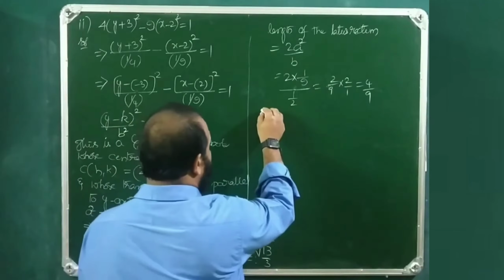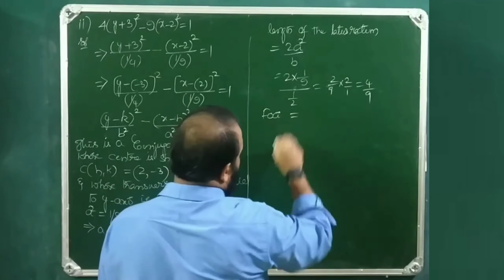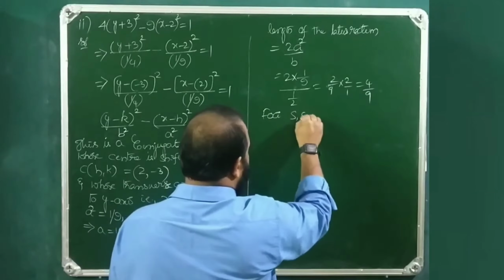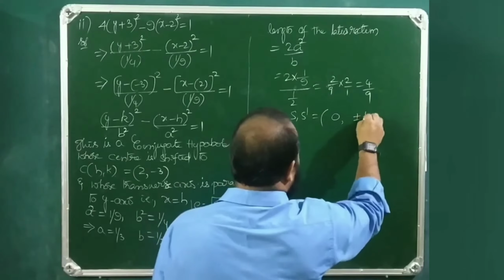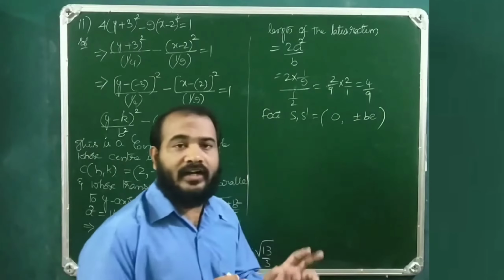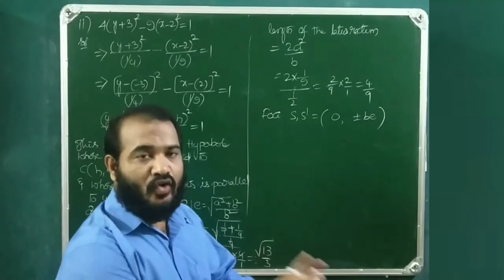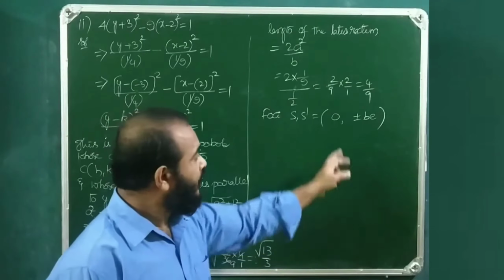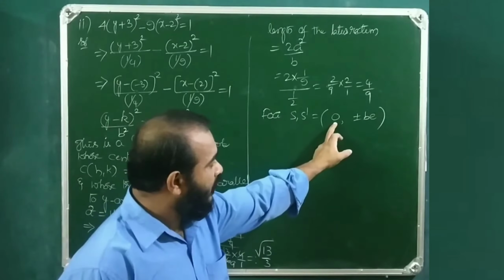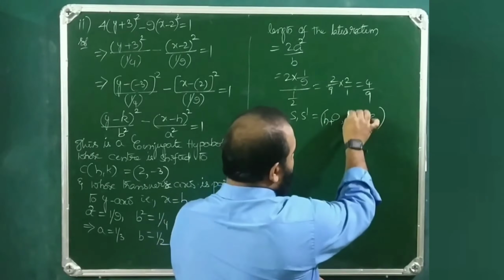So the foci S, S dash are 0 comma plus or minus be for the conjugate hyperbola whose center is at the origin. But here shifting of origin has happened. So with the x coordinate, h would be added, and with this, k would be added.